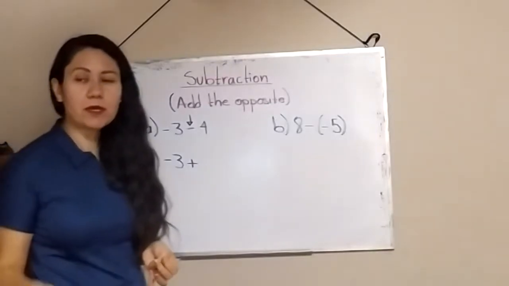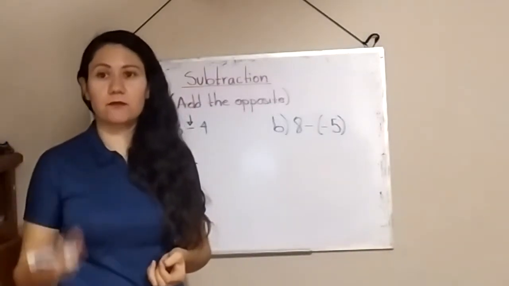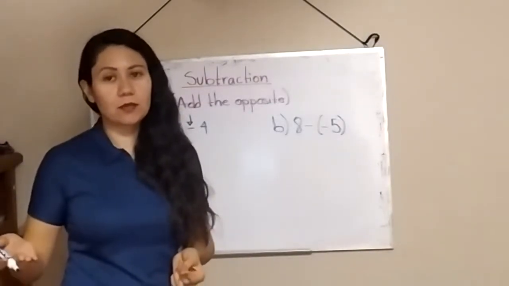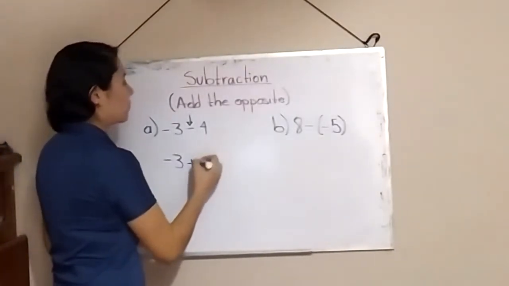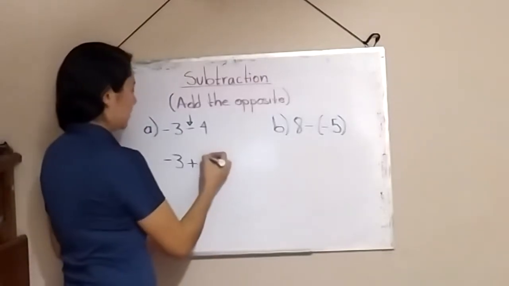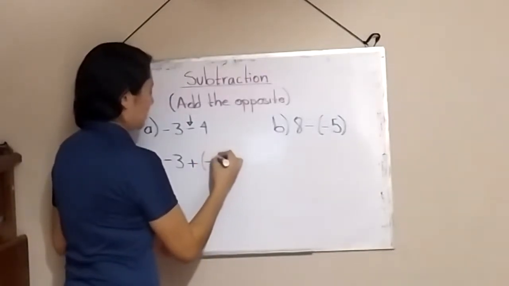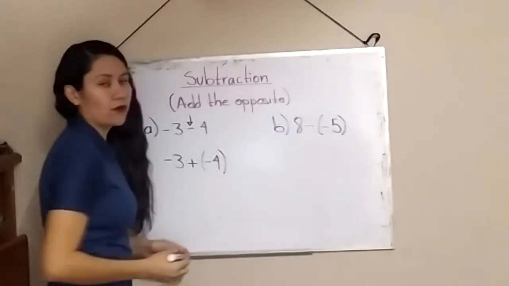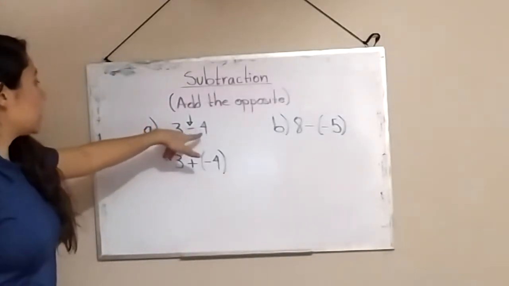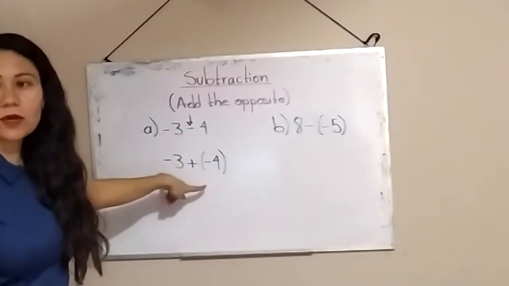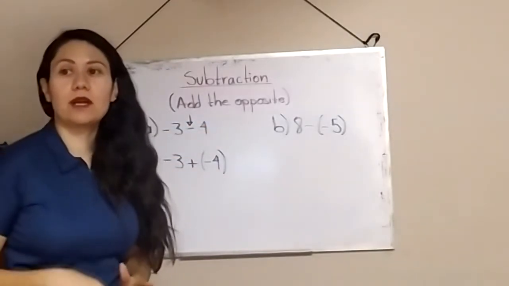What is the opposite number of positive 4? The opposite number of positive 4 is negative 4. So we are going to add negative 4.